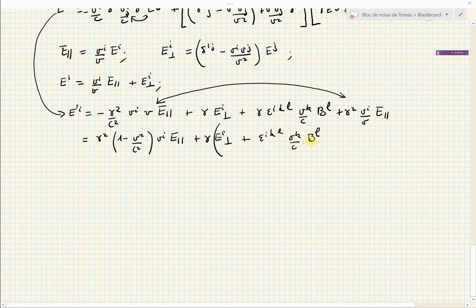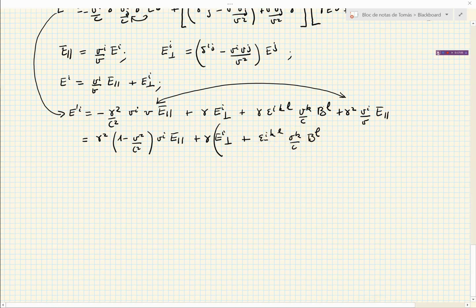Now this is, as we have said several times, equal to the component I of the vector product between v and b.